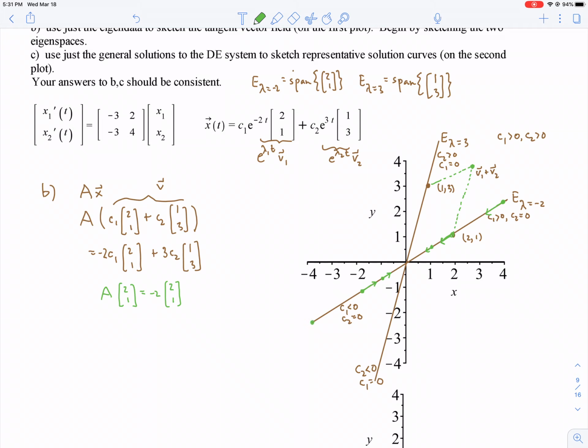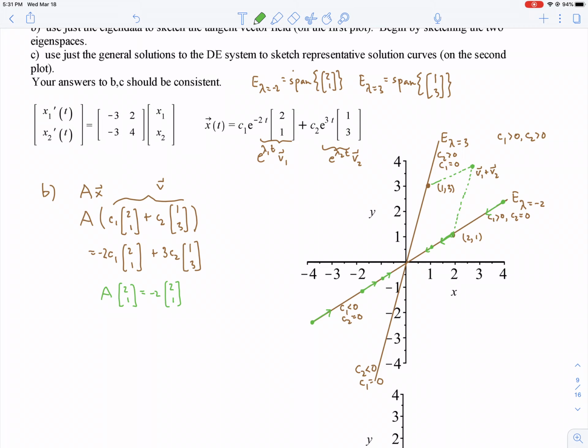Similarly, the directions of the tangent field stay the same along these halves of the eigenspace, but the lengths just get scaled according to how far away I am from the origin.